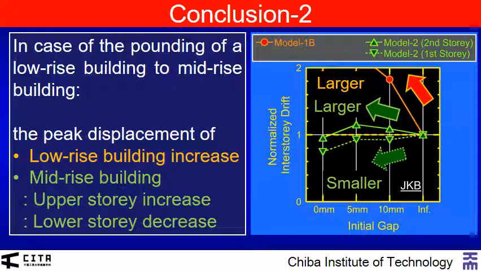The second conclusion is, in case of pounding of a low-rise building to a mid-rise building, the peak displacement of the low-rise building increases. In the mid-rise building, the peak inter-story drift of the upper story increases, while that of the lower story decreases. This is obtained from the results of test 2.